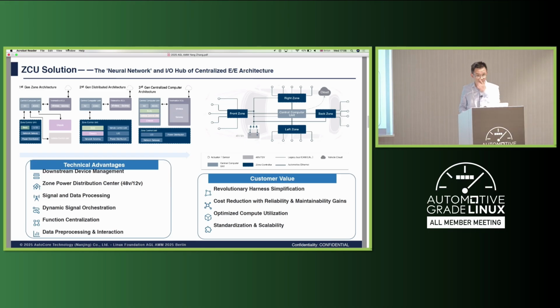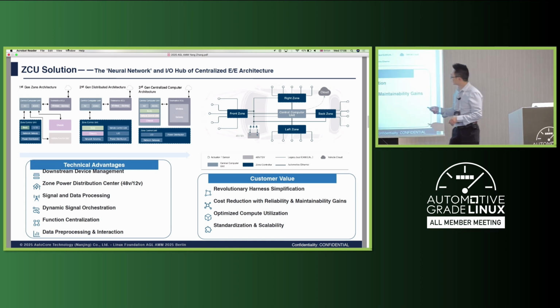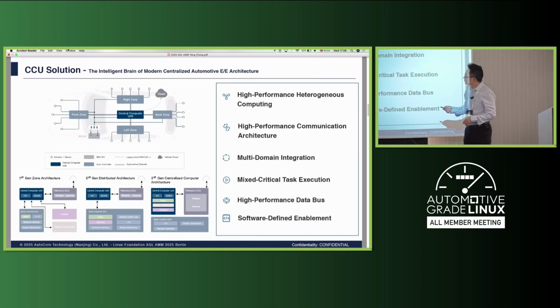Okay. My second question is, I'm not able to see the detail of the third generation chart, but it seems that you put IVI and ADAS in the same box, same ECU. Is that right? Yes.